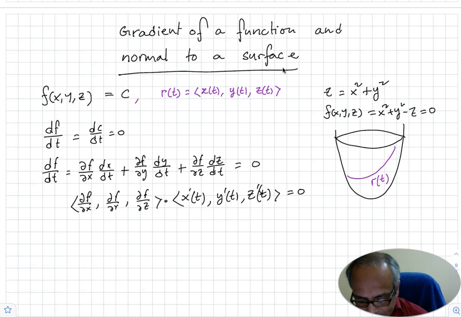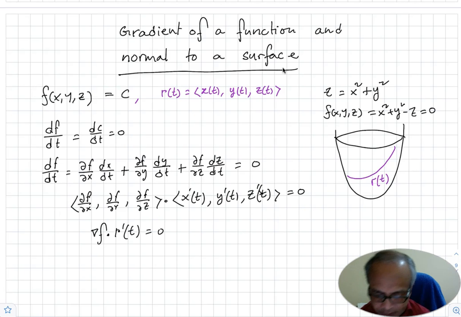So you can write this as the gradient of f dot r prime of t. But for any parametric curve r of t, r prime of t is a tangent.